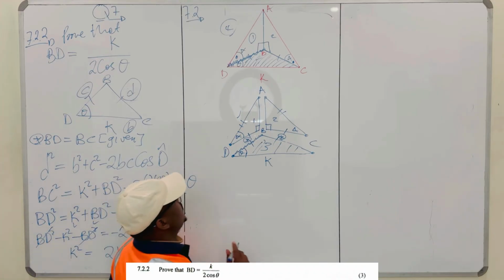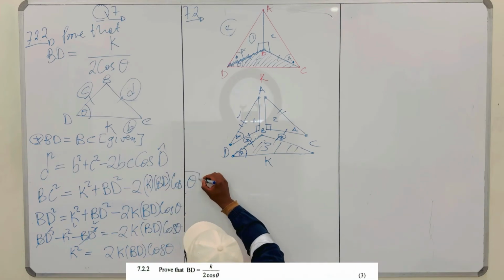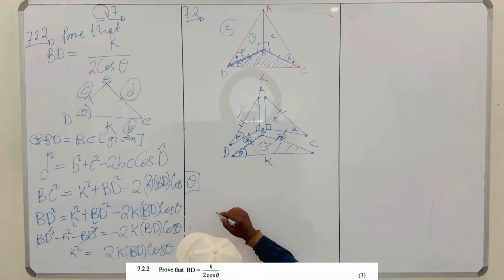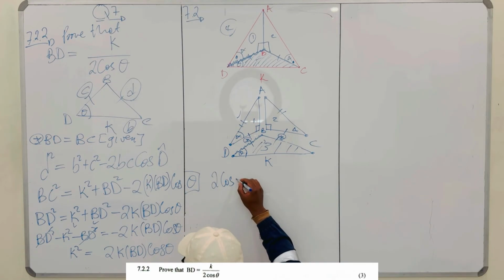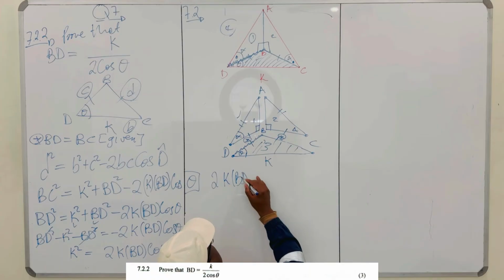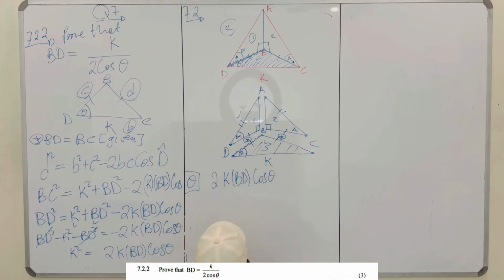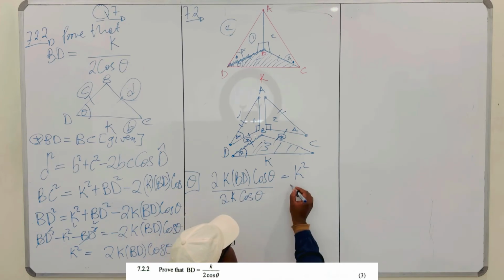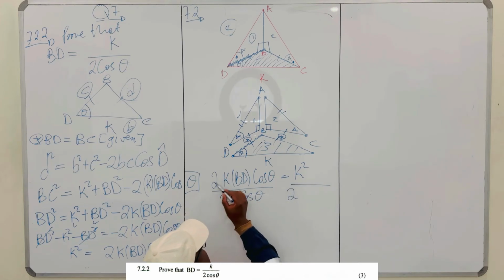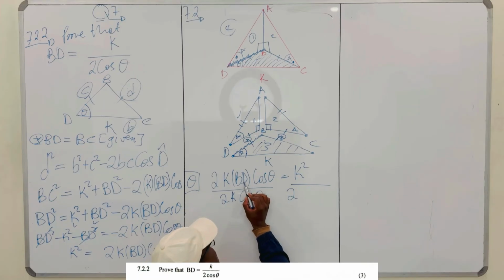So what you're left with is 2k bd cosine of theta is equal to k squared. Then you divide by 2k, because you want to get rid of 2, k, and cosine of theta on both sides, so that you're left with bd alone.